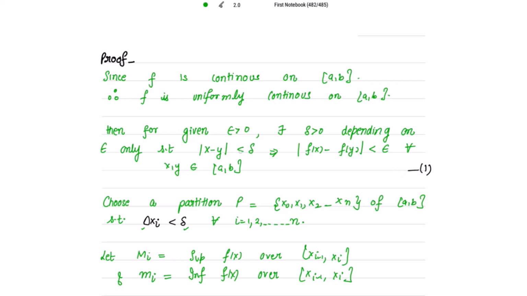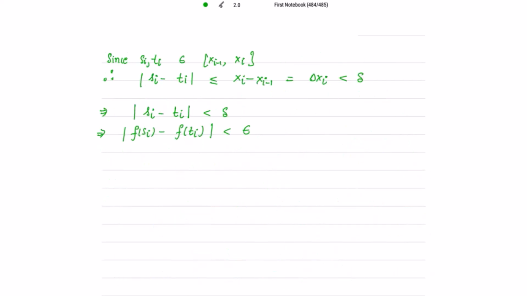Whenever these two points differ by less than delta, then the value of f at these two points, their difference, is less than epsilon. Now because we have got this difference to be less than delta, the difference of f at these points is less than epsilon, using 1.